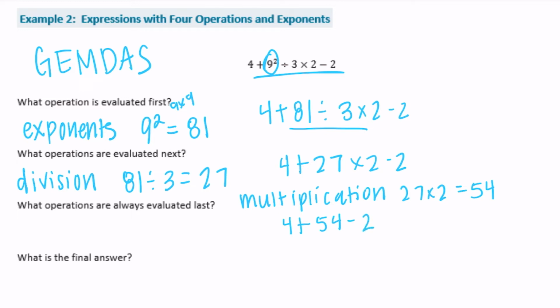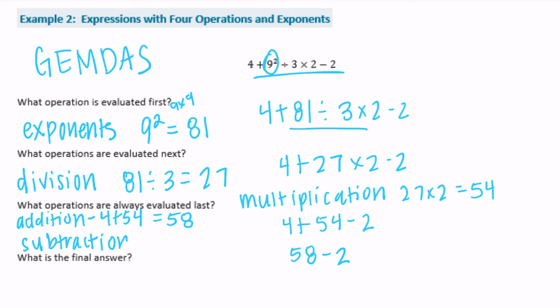So next we're done with all the multiplication or division, so now we can just solve it left to right, and we have an addition problem of 4 plus 54, which equals 58. So we now have 58 minus 2. So lastly, we have subtraction of 58 minus 2, which is 56. So our final answer is 56.